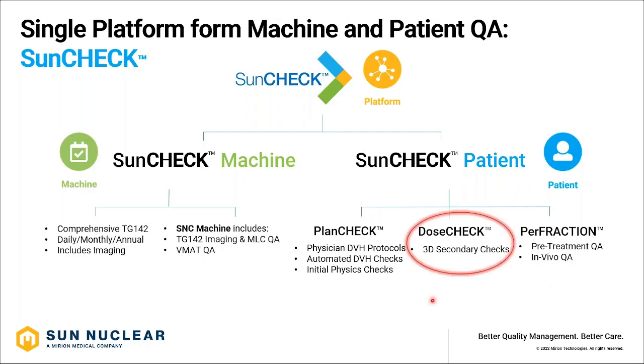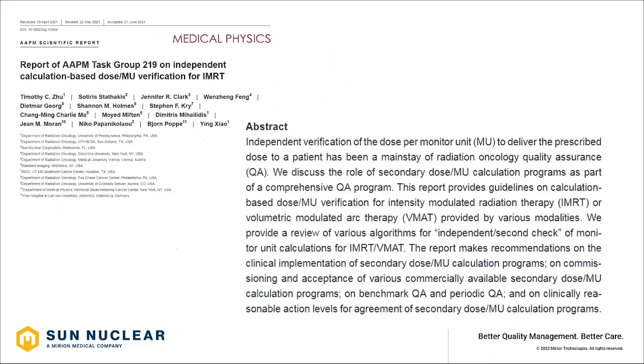So moving on to DoseCHECK, which we'll be covering in a little more detail now. Before I do that, I would just like to highlight the AAPM Task Group 219 report, which was published quite recently, in 2021. This report aimed to provide guidelines on calculation-based dose as well as MU verification for IMRT.